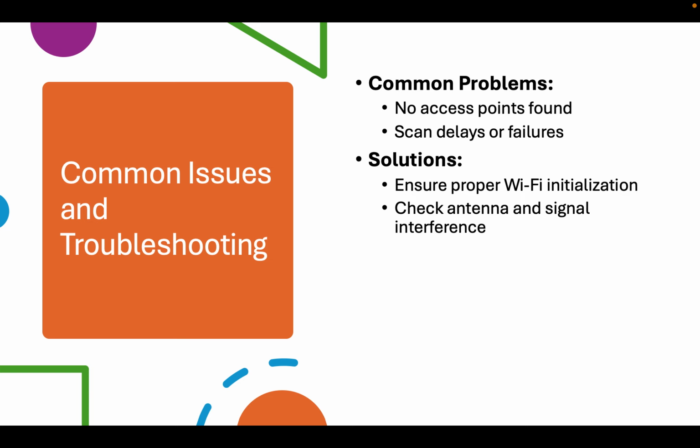What we can do is modify the code to insert a delay and then do the scan again. And if you are unable to find an existing Wi-Fi access point, then you have to check for signal interference and other radio-side issues.